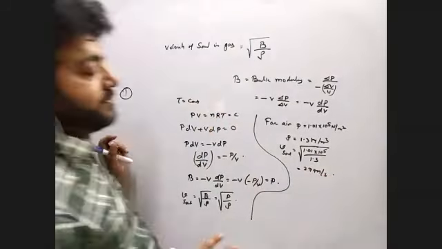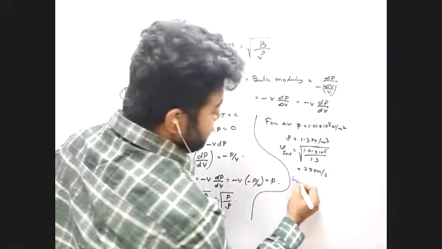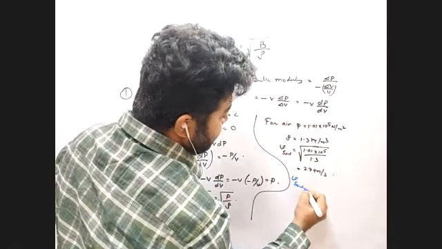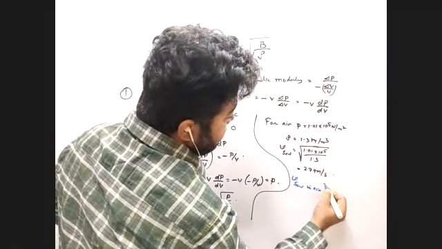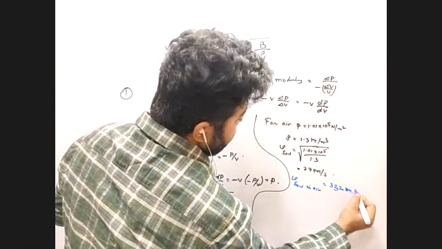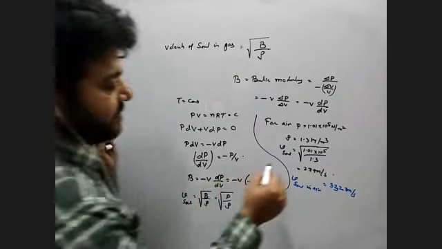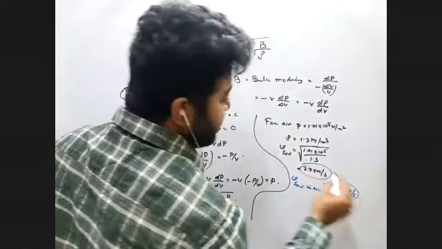Is it clear, everyone? But velocity of sound in air is 332 meter per second. So that means there is something wrong. That's why you have a difference in value. You understand?